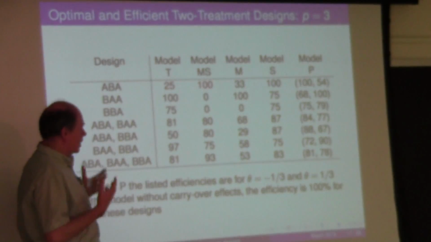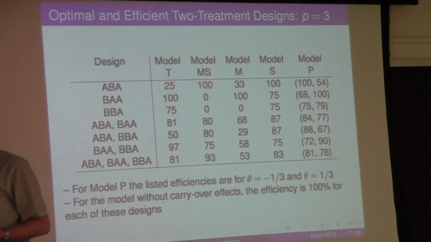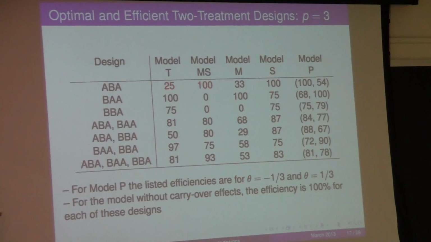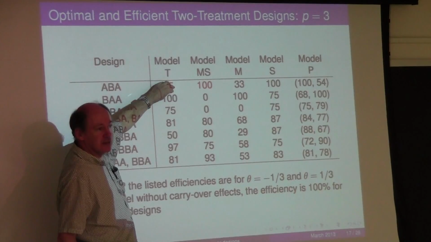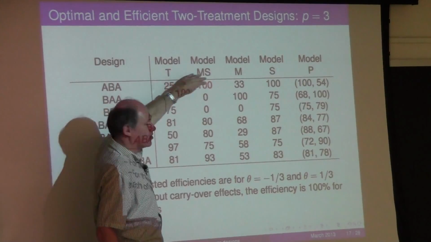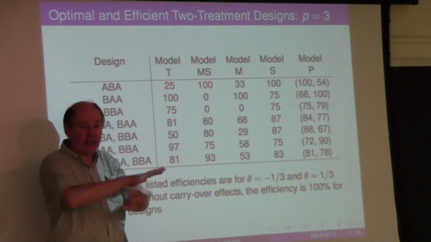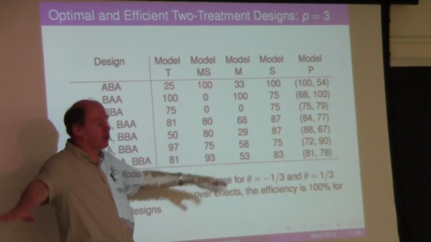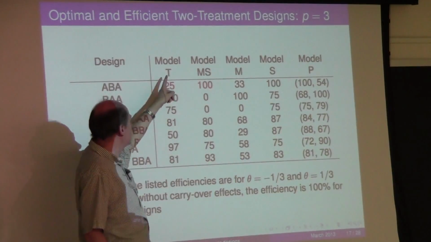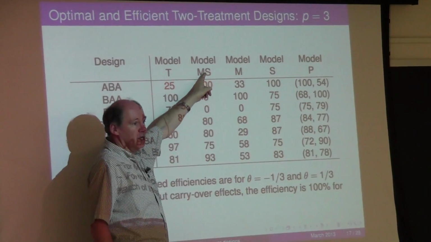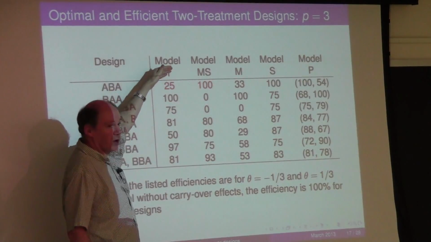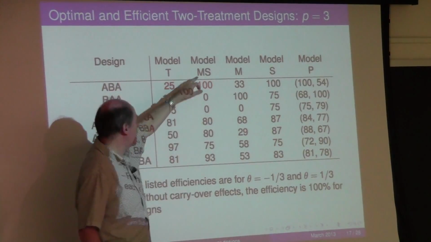Well, the reason that this is happening is that under this model, I can do much better. So even though we get exactly the same estimate, that means exactly the same variance for estimating tau A minus tau B when I use this design under these two models, it turns out that under one of these models, I can do much better, while under the other model, I cannot.